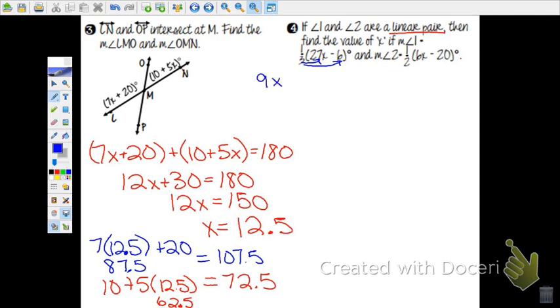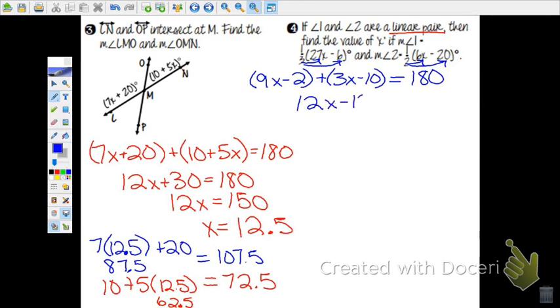So 9x minus 2 plus half of 6x minus 20 gives me 3x minus 10. Those two angles add together to equal 180. So I combine like terms.